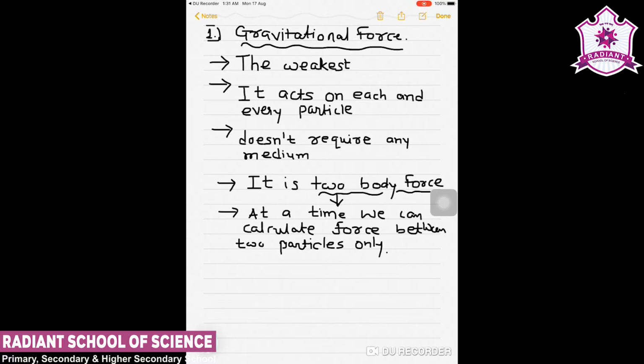Like suppose I have one coordinate system, say x and y or whatever. Here I have some particles. This particle is with mass m1, this particle is with mass m2, say another particle with mass m3 and another particle with mass m.